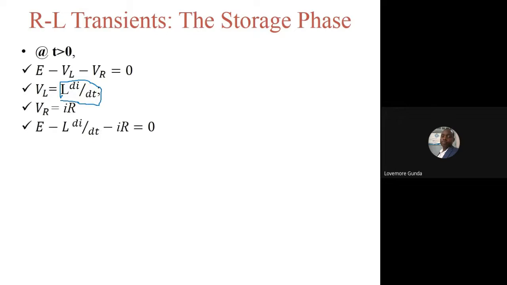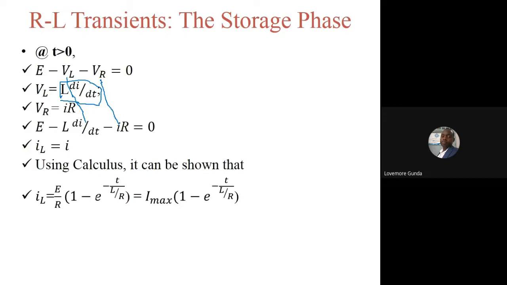Then E minus L di/dt minus IR should be equal to 0, and IL is equal to I. Using calculus, it can be shown that IL is equal to E over R times (1 minus e to the minus t over L over R), which is I max times (1 minus e to the minus t over tau), where tau is the time constant described earlier on. So L over R is our time constant for our RL circuit.